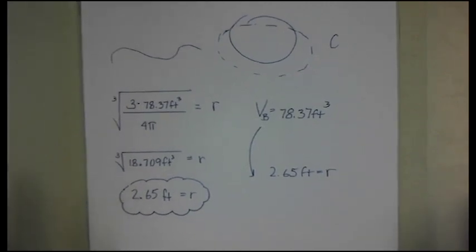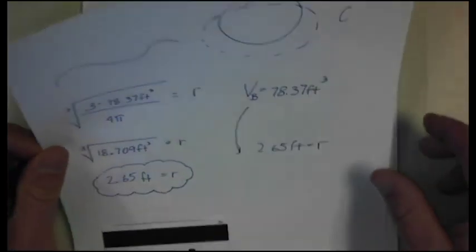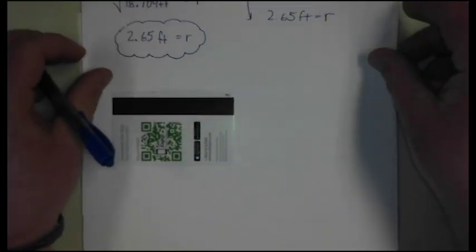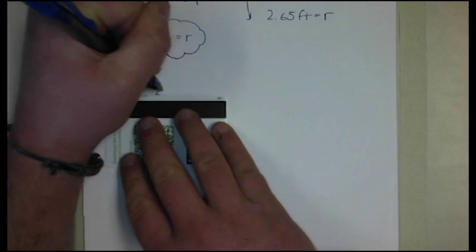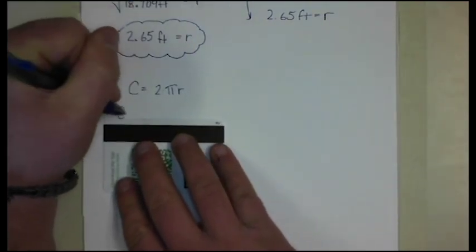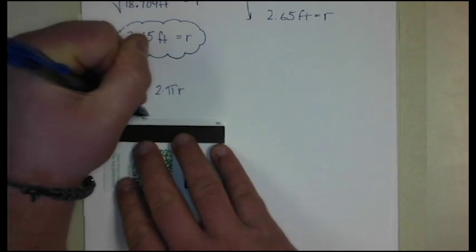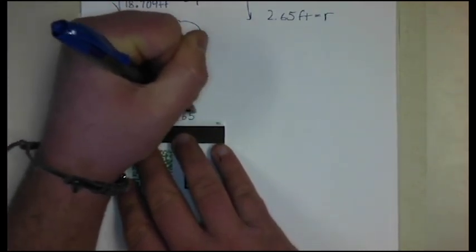And to go even a step further, because that's hard to measure accurately in real life in a balloon that is in space, I'm going to use a circumference equation. So help me out with this. I always seem to forget this one. Oh, I remember. Circumference equals 2 multiplied by pi multiplied by r, so 2 times pi, and I'm going to throw this value in, 2.65 feet.